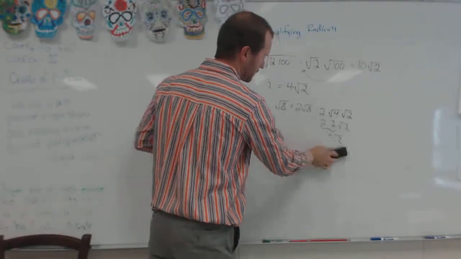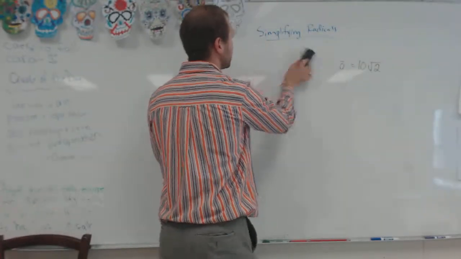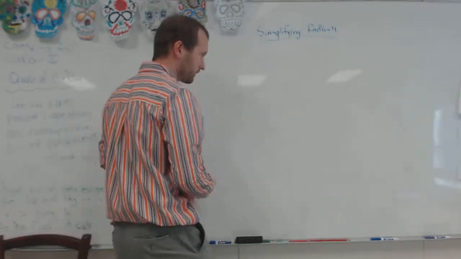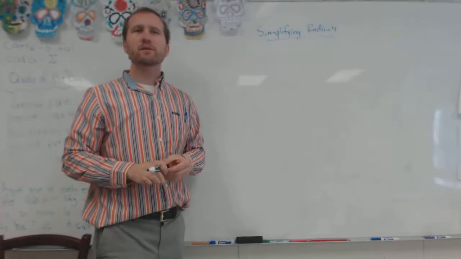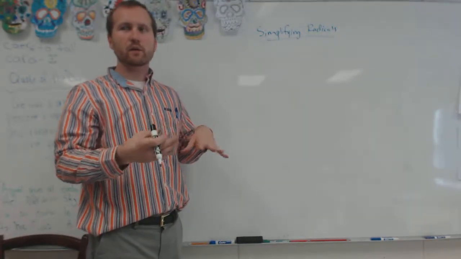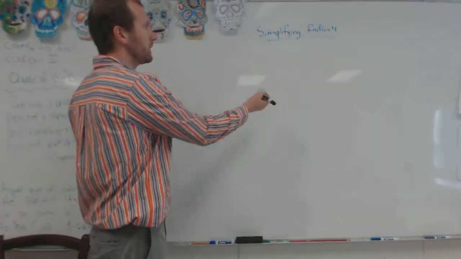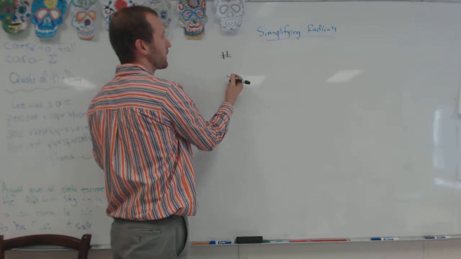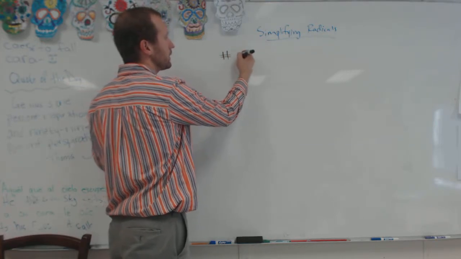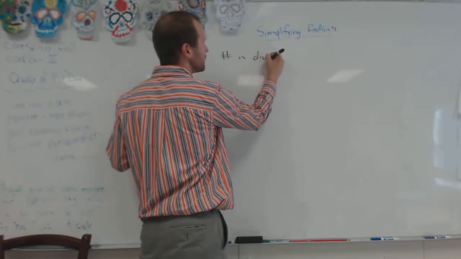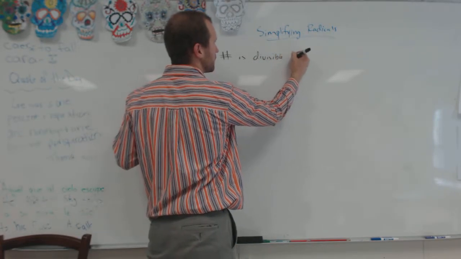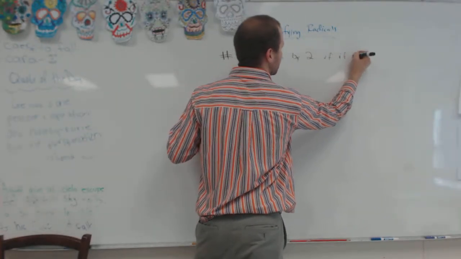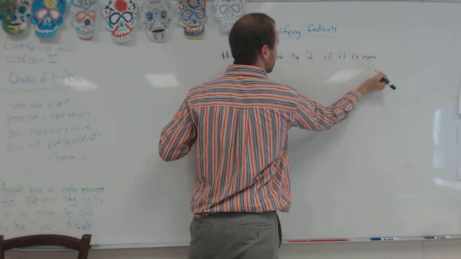When you have larger numbers, I'm going to give you some basic tricks, and then we'll extend to how this is going to help. So you probably know some of these rules. A number is divisible by 2 if it is even.